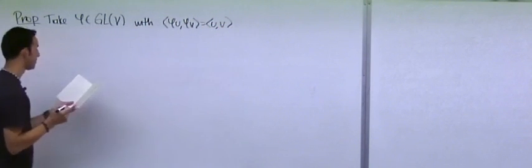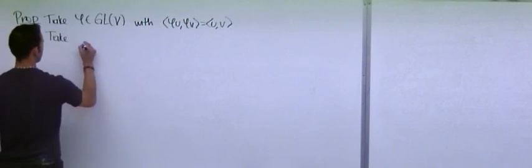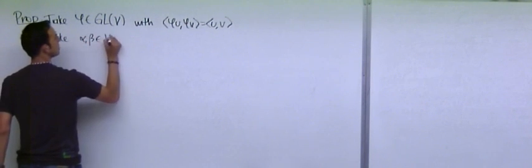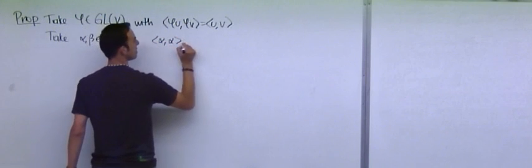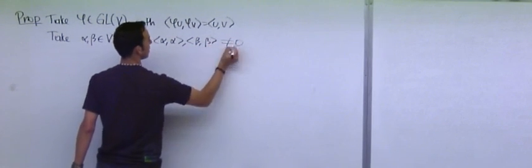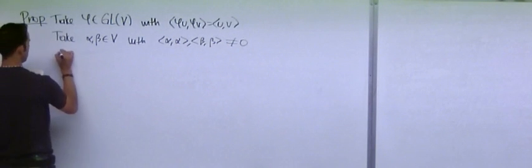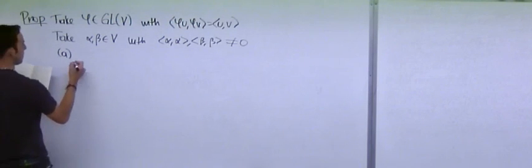Okay. And let's say that you take two vectors in V, which are non-isotropic, which remember just means that the inner product with themselves is not 0. Okay? So here's some things we're going to show. These are just some useful linear algebra lemmas.